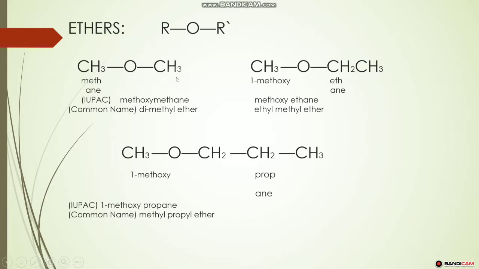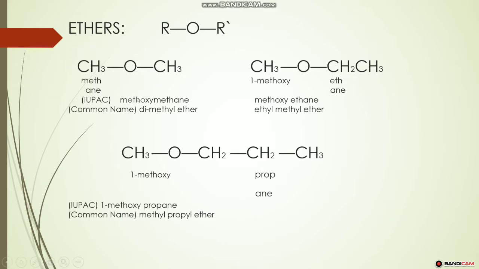Again, we have only 1 carbon, so we can give the first name as meth, but the last name will become oxy, since it is attached to oxygen. So the IUPAC name of this molecule will become methoxymethane.